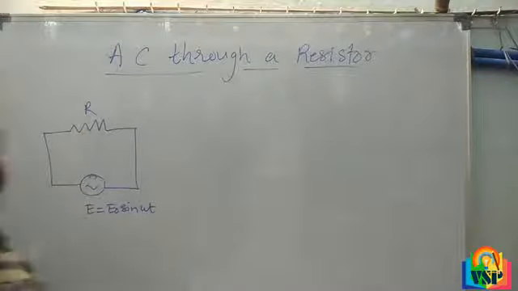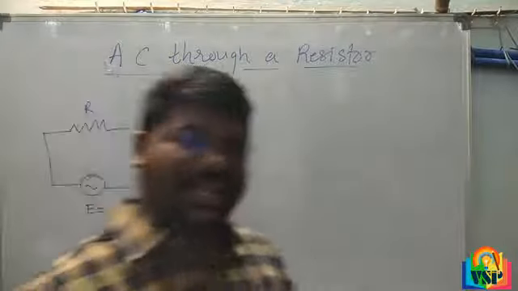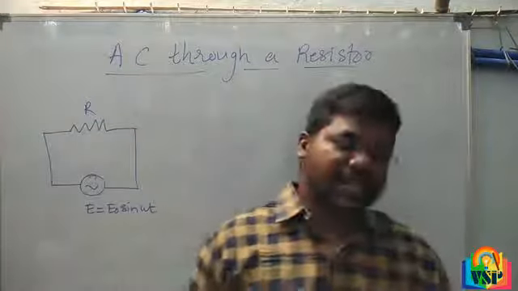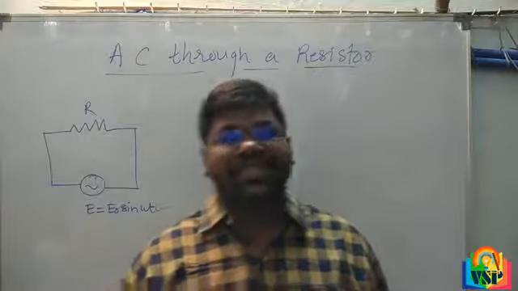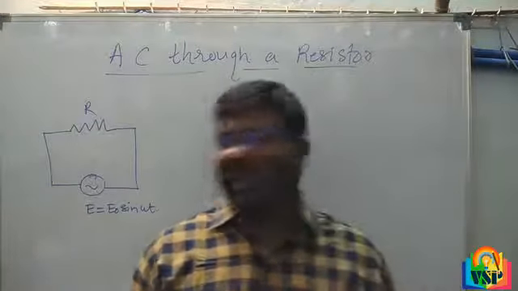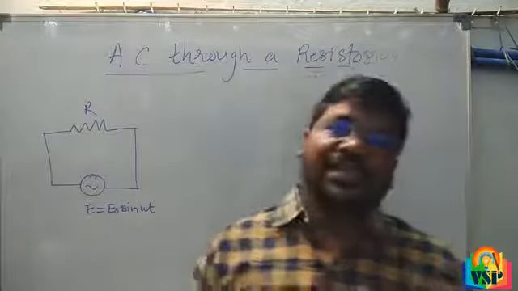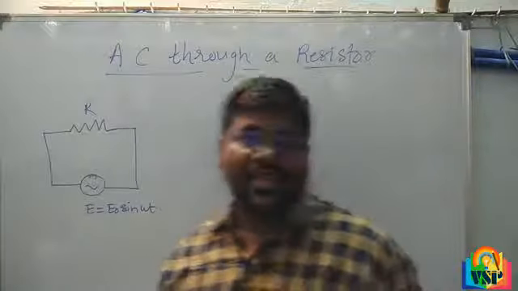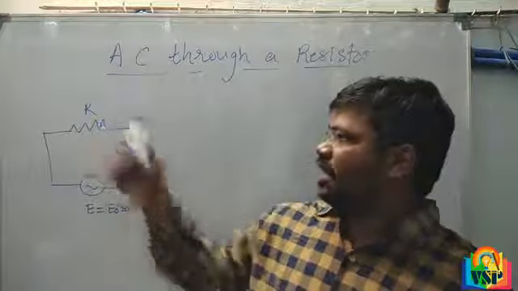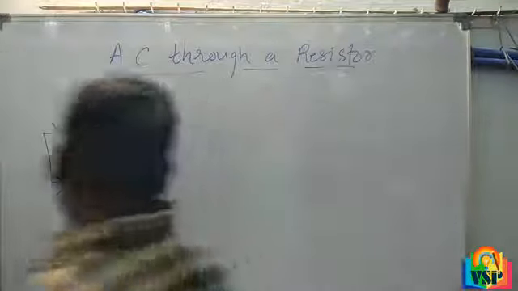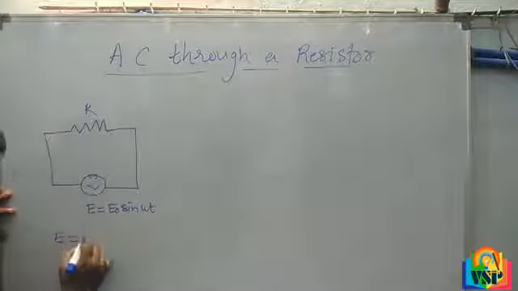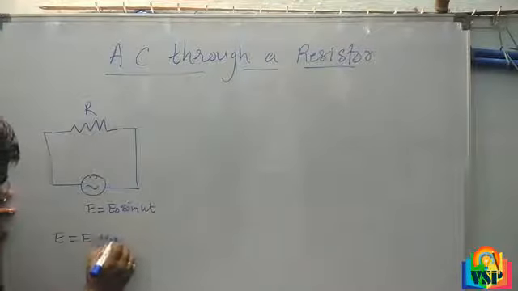Here in this case, resistor R is connected to an AC supply with instantaneous value E is equal to E naught sin omega t.